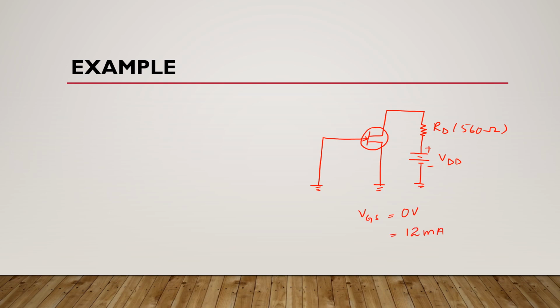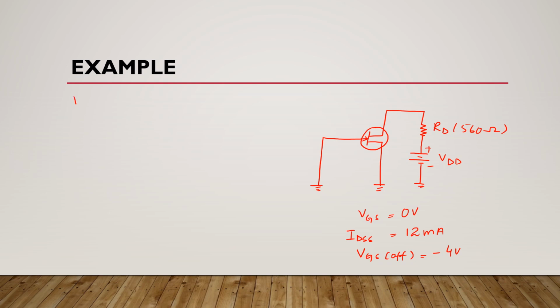We know that when VGS is 0 we have IDSS which is constant current, and suppose here cutoff voltage is minus 4 volts. So how are you going to find this value of VDD? We know that cutoff voltage and pinch off voltage are equal in magnitude but sign is opposite.